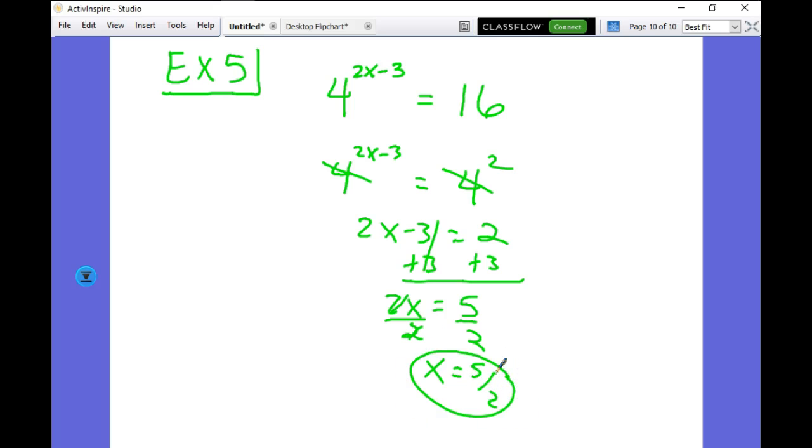Five halves is our answer. So we'll call that the crazy exponent one. So we've done fractions, roots, crazy exponents, change both sides. Those are all different kinds of scenarios you can come across.